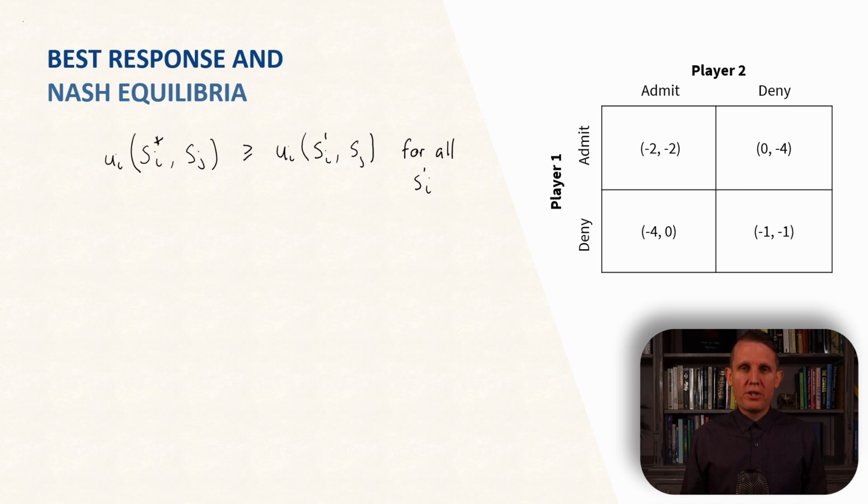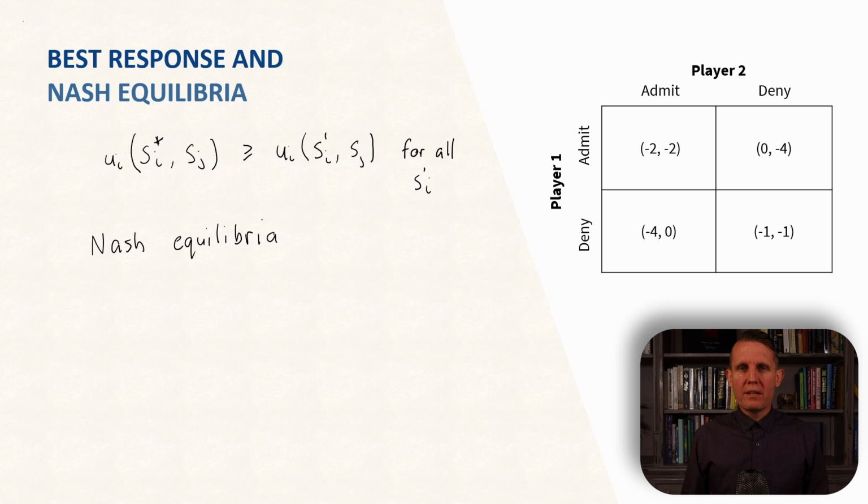Using this definition of best response, we can define the Nash equilibrium of a game. The Nash equilibrium is named after the famous mathematician John Nash, who in his PhD thesis showed that all finite normal form games have a Nash equilibrium.